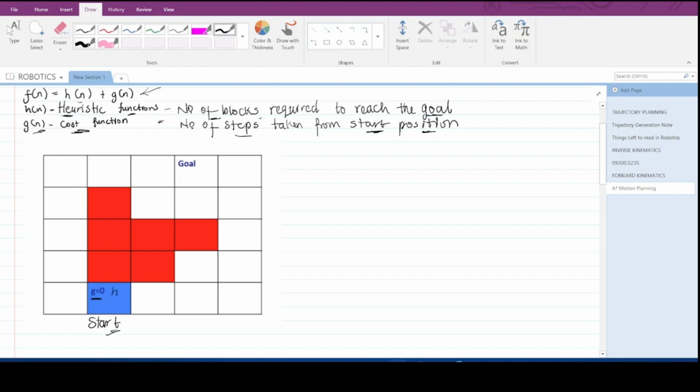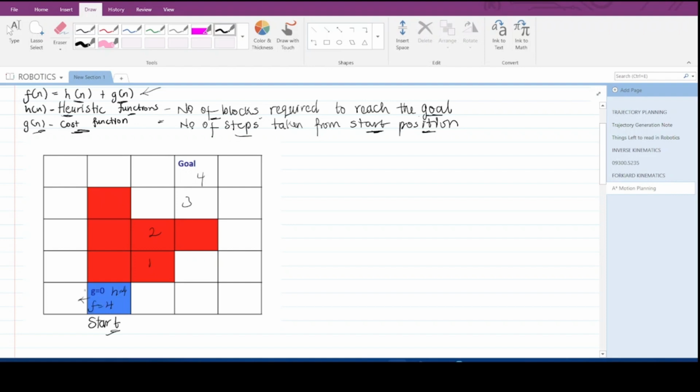And h is the number of blocks required to reach the goal. So this is our goal. How can we get there? These red blocks are obstacles, but when we're counting for h, we're going to ignore them. So 1, 2, 3, 4. It takes me 4 blocks to get to the goal, so h is equal to 4. And f is h(n) plus g(n), so I'm going to get 4 plus 0, which is 4.